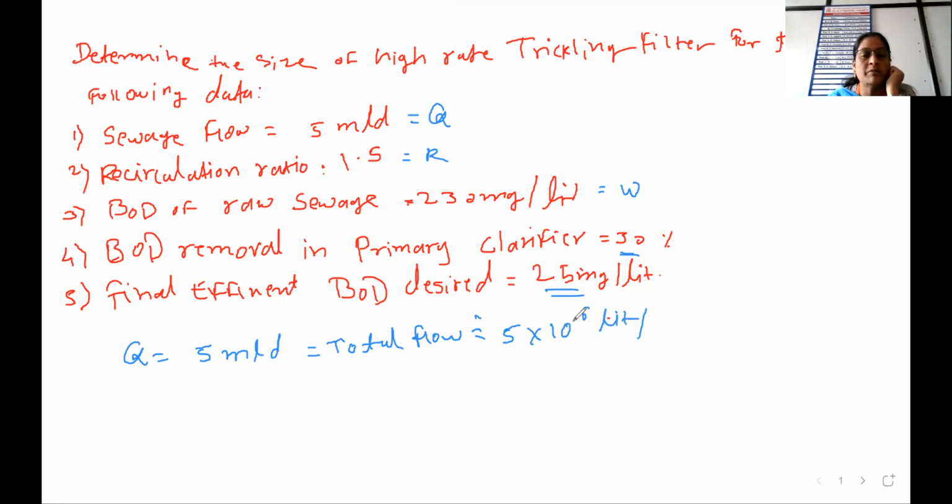MLD stands for million liter per day. So 5 into 10 raised to 6 liter per day is the value of Q.